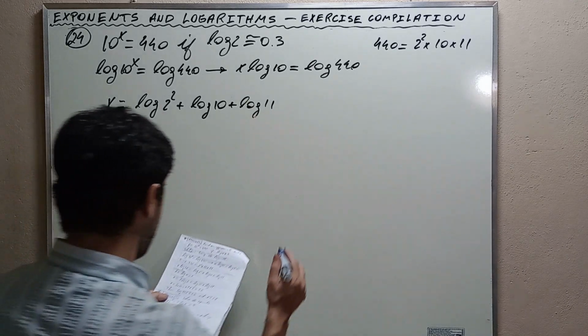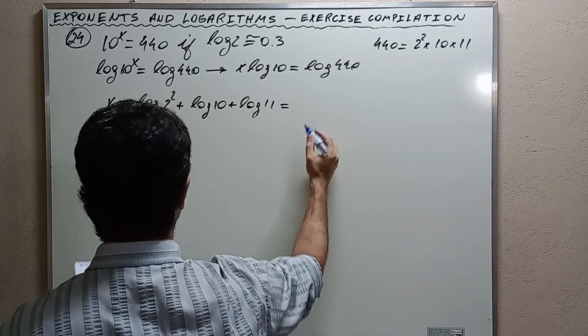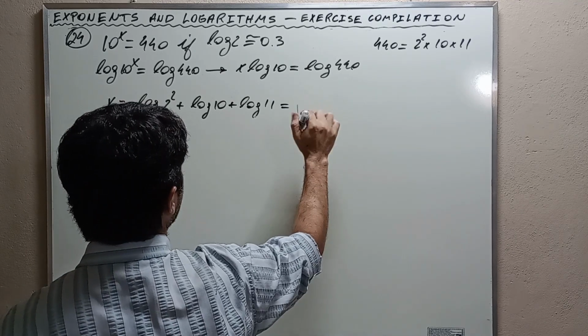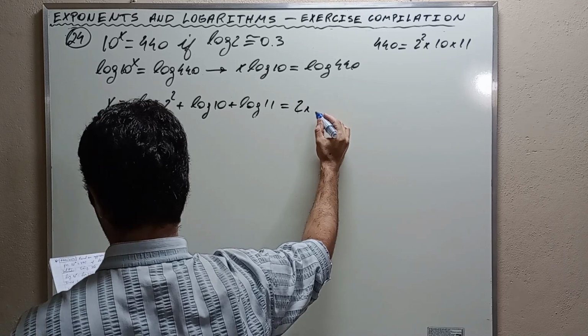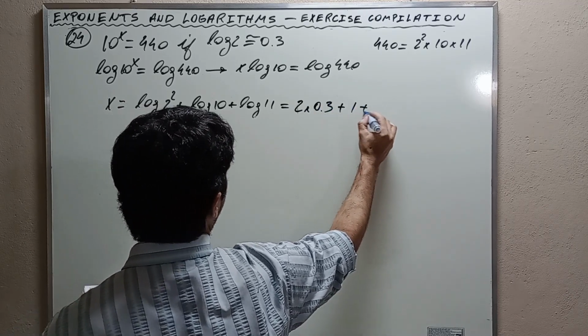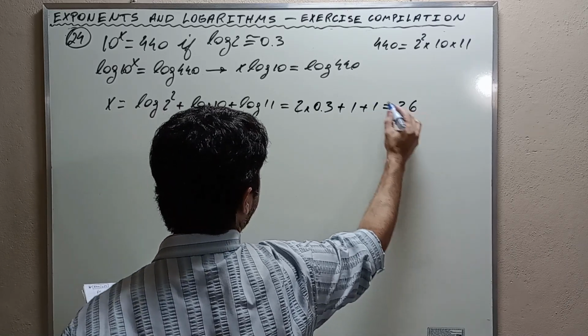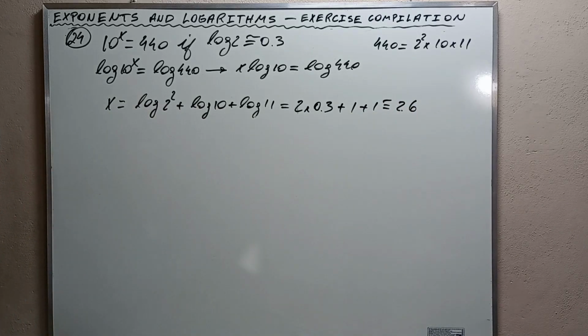And then we find that x is equal to 2 times 0.3 plus 1 plus 1, and this is equal to 2.6 approximately.